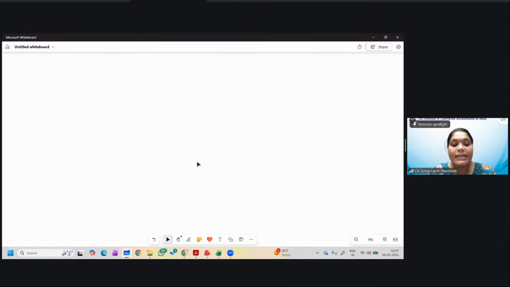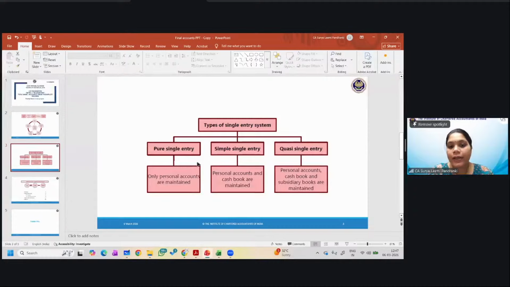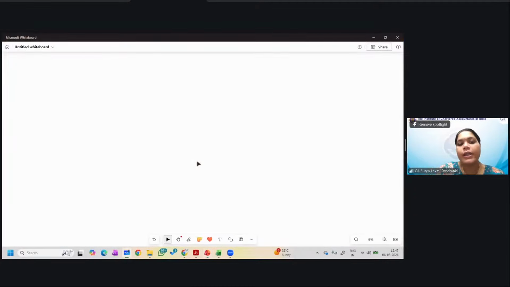Fine. In single entry system, what happens is generally you will not maintain all the accounts like we have done. So if there is a transaction, let us take a transaction: cash purchases.